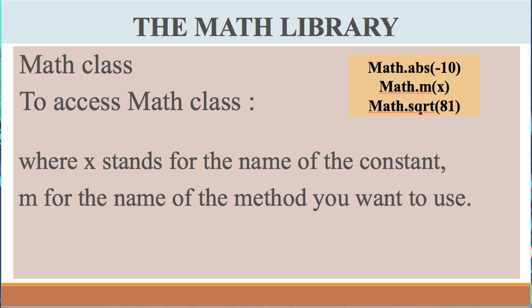You can see here Math.abs(-10). This is also a function. By using this abs function, we can convert -10 into an absolute value, meaning it will remove the plus or minus sign. So simply it will display 10, the minus sign removed. And Math.max(x, y), where max represents the function, and x and y are the variables whose values we are processing.